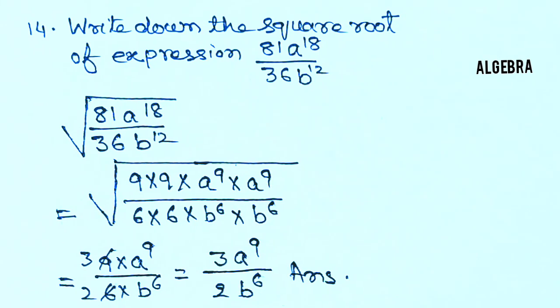Write down the square root of expression 81 a to the power 18 by 36 b to the power 12.